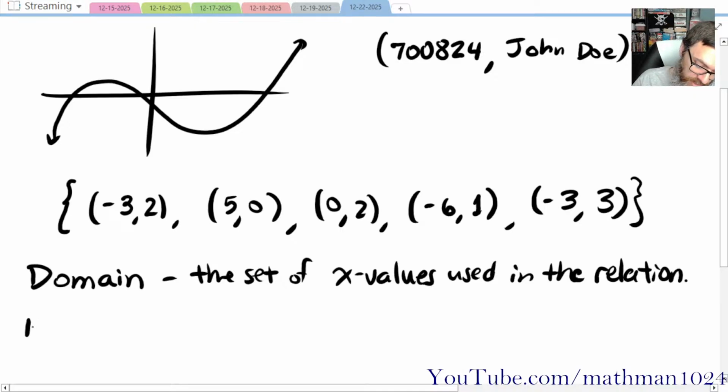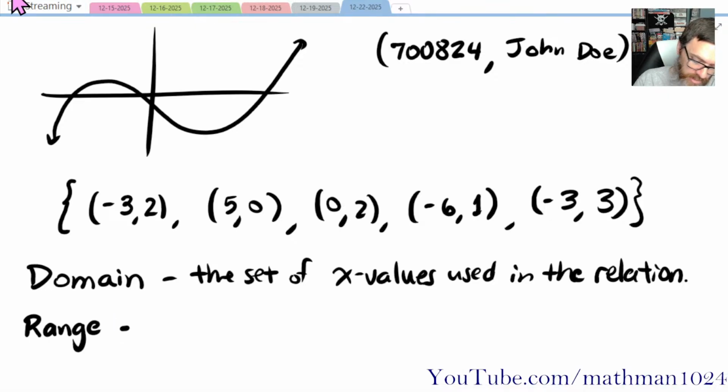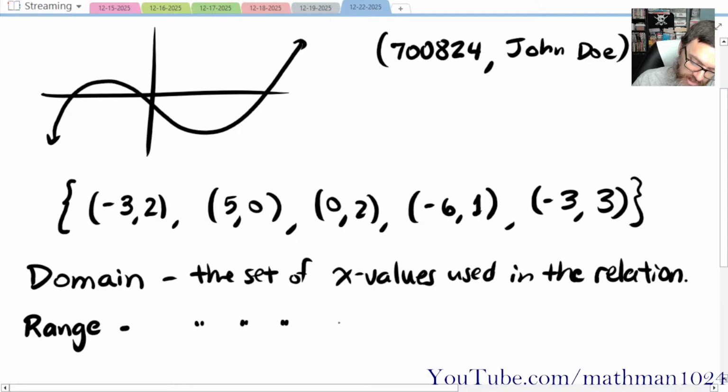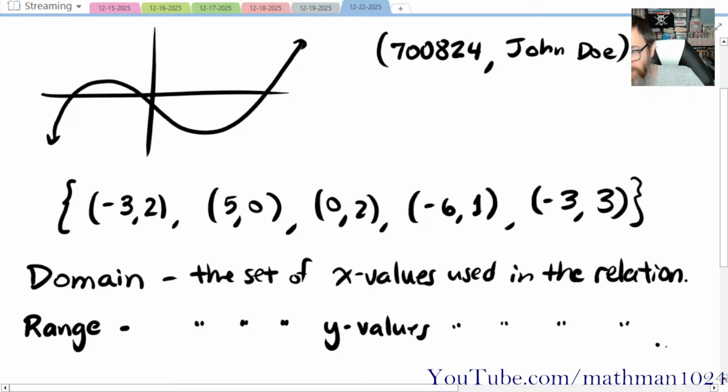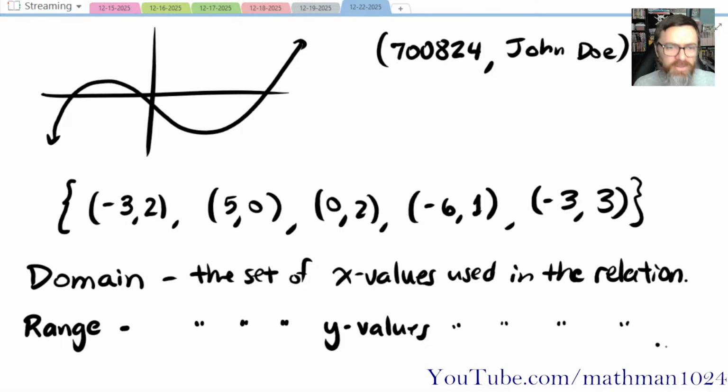And then the range will be the set of y values used in the relation. That's all it is. So the domain is going to be the set of x's. The range is going to be the set of y values.